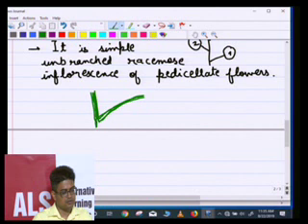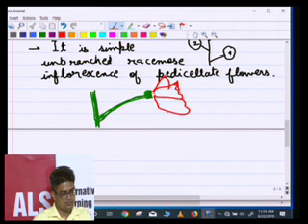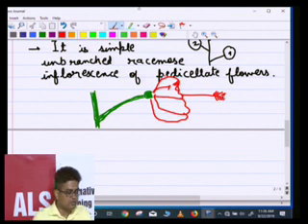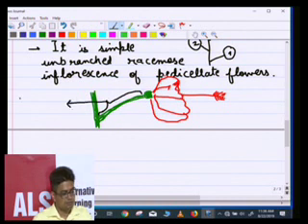Let's take a flower like China rose. Suppose this is a China rose, so this is a flower like this. This part is called pedicel.